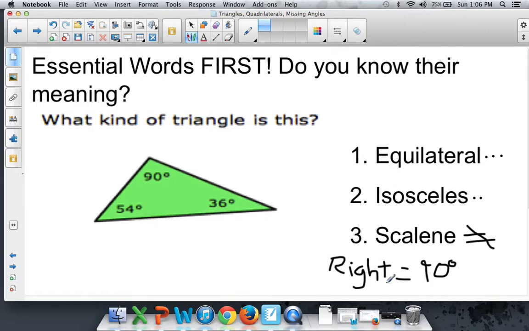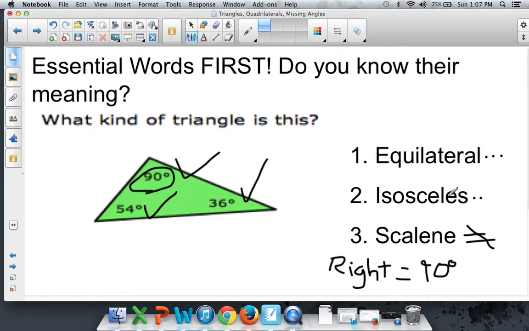Look at our triangle. Do you see anything? 90 degrees. Now, right triangles don't have to be, but they could also be scalene triangles because all 3 angles are different.